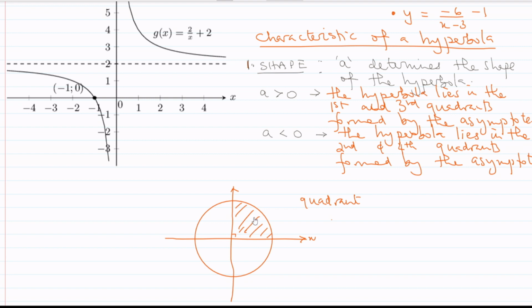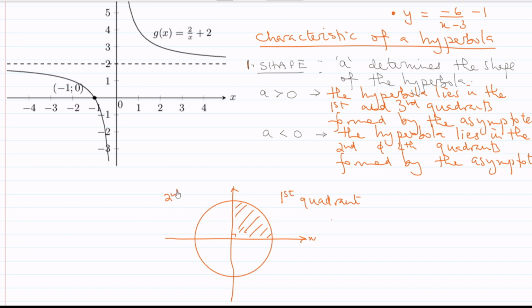Now in maths, the rule that we use is that this area that I've shaded here, we refer to as the first quadrant. So we start counting from here, 1.